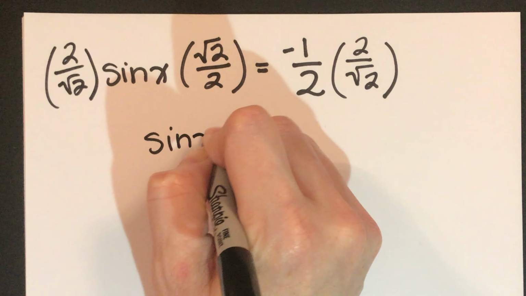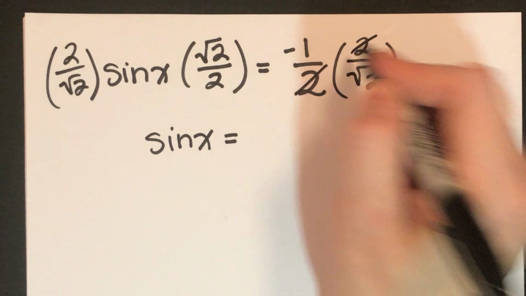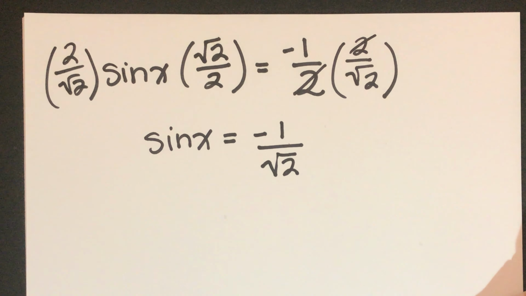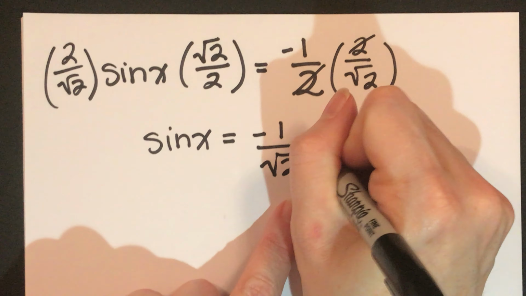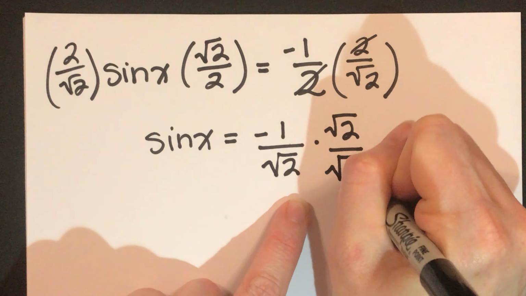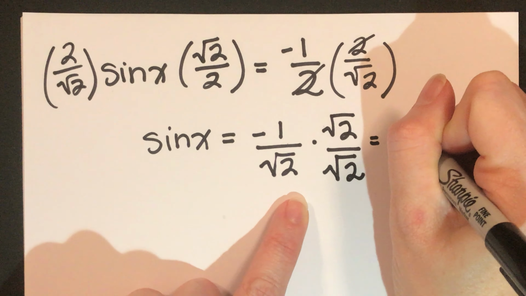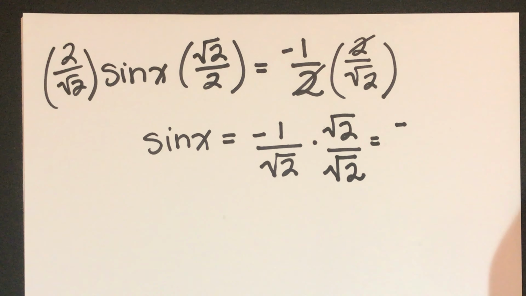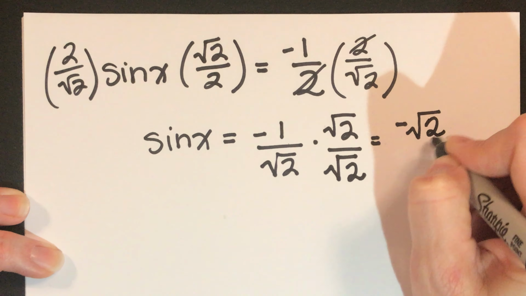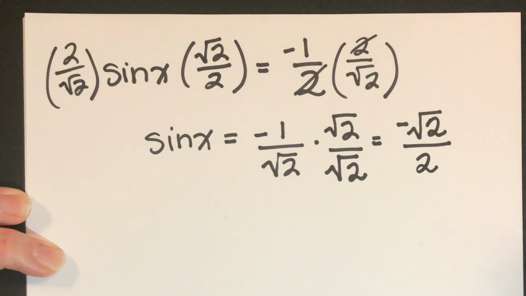Now we're left with sine x equals, well, those cancel, and we have negative 1 over the square root of 2. We want to get the square root of 2 out of the bottom, so we're going to multiply by the square root of 2 over 2. And we get negative square root of 2 over 2.